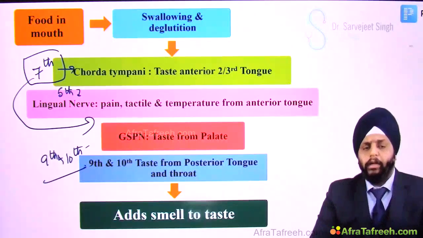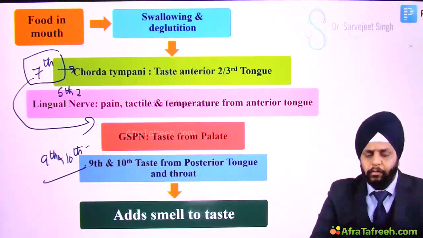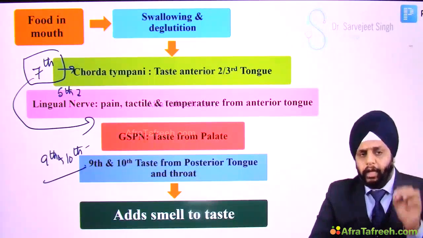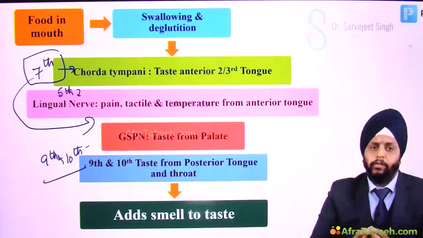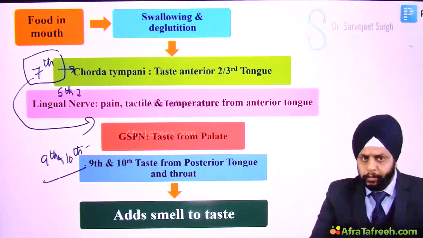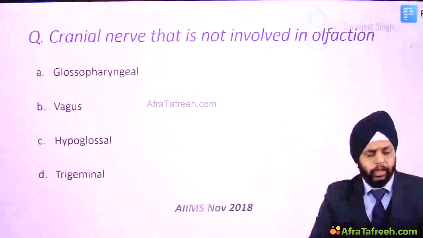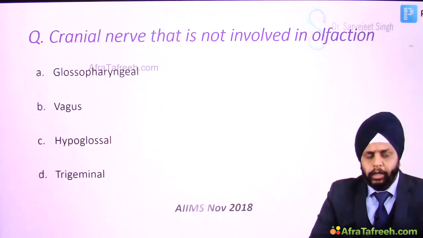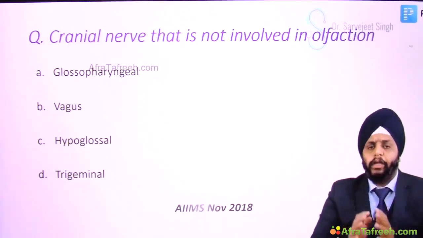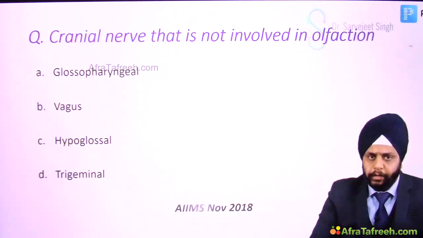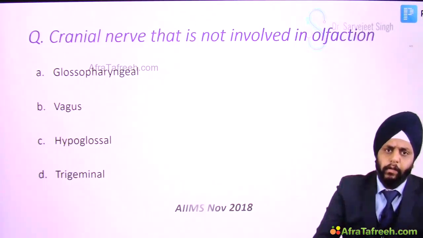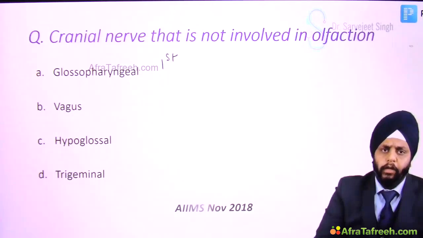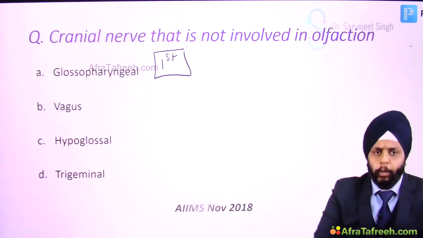So remember, not just the 1st cranial nerve, the 5th, 7th, 9th and 10th nerves are also involved in the olfactory pathway. This question was asked in the AIIMS November 2018 exam: cranial nerve that is not involved in olfaction. We just discussed that the 1st is of course involved, but it was not even in the options.